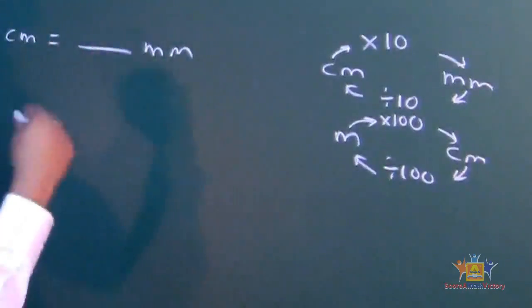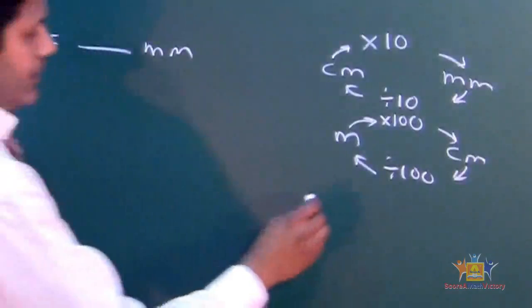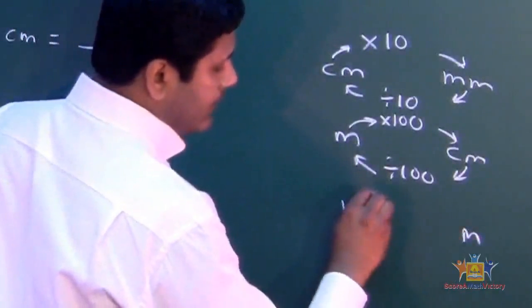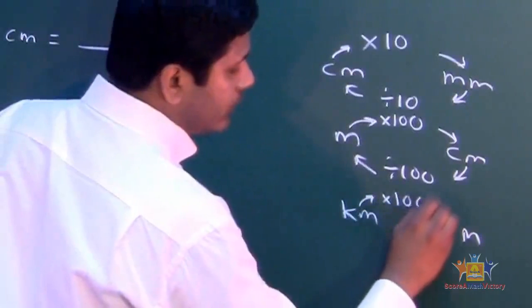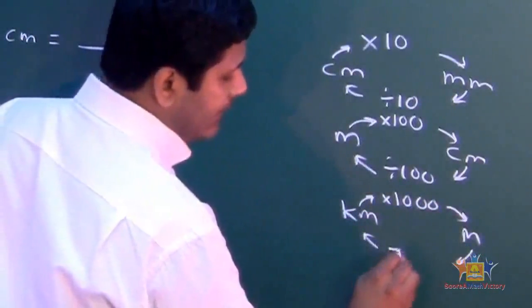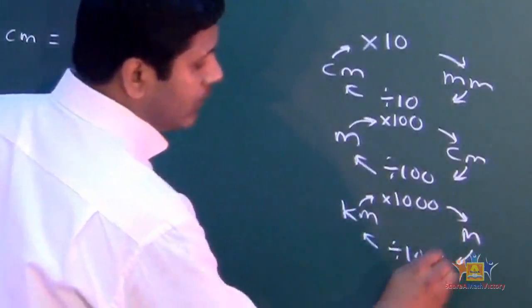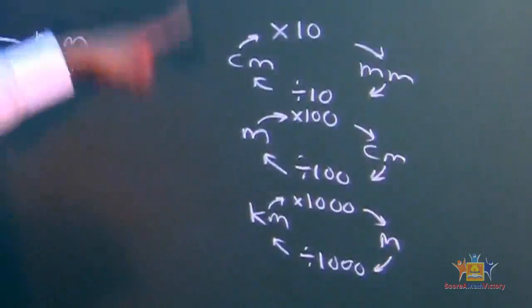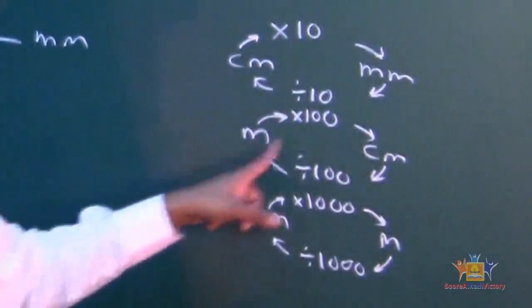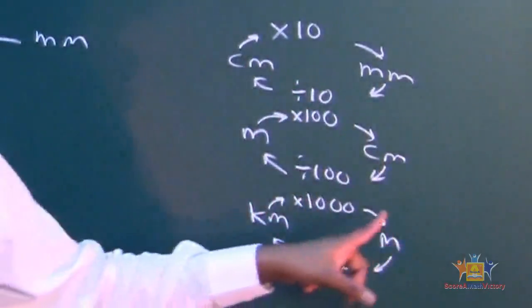Now if I go from kilometers to meters, I multiply by 1000. If I want to go from meter to kilometer, I divide by 1000. So this is called the rotation method.